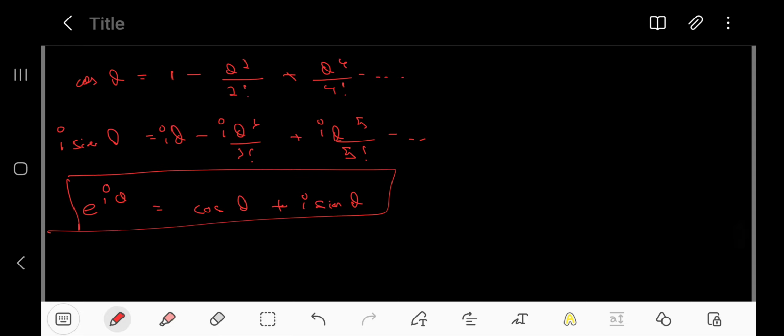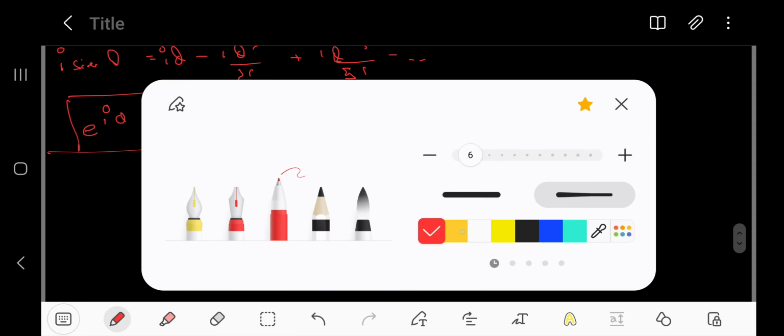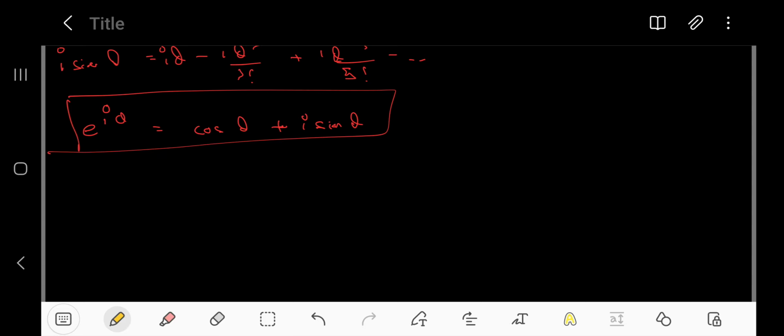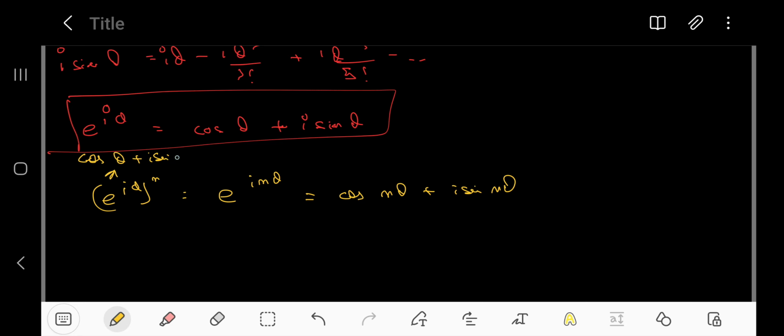Right? Now, what is the use of this? Now if you take any power, irrespective of what it is, whether it's rational, irrational, or anything, so e to the power i theta times any power n. So this is basically e to the power i n theta, which should be nothing but cos n theta plus i sine n theta, and (e to the power i theta) to the power n was nothing but (cos theta plus i sine theta) to the power n.